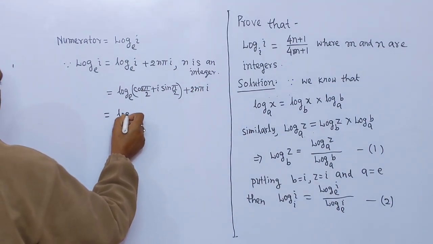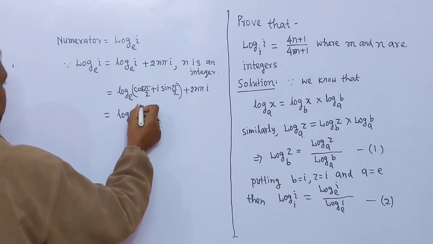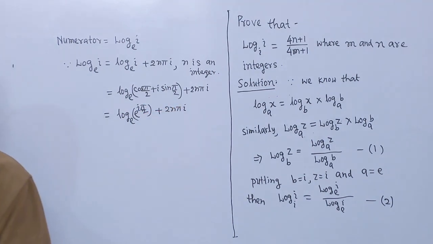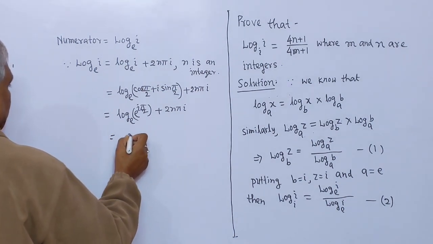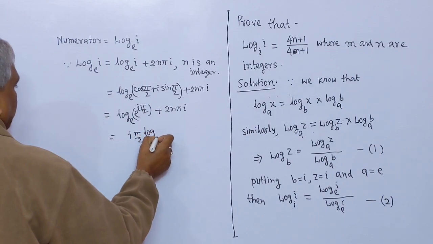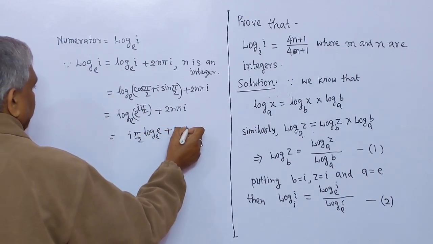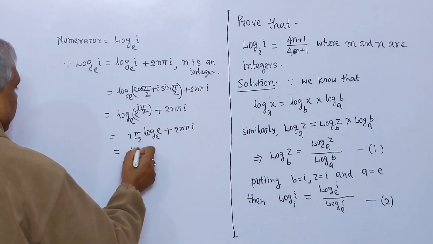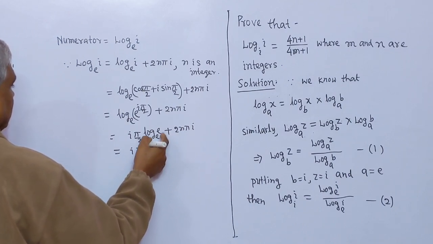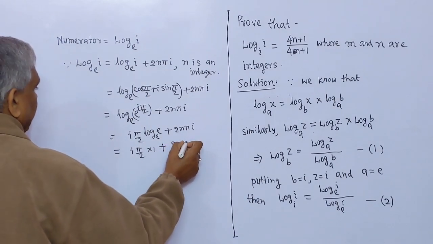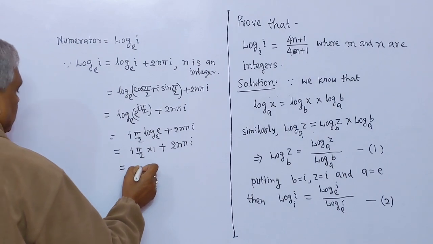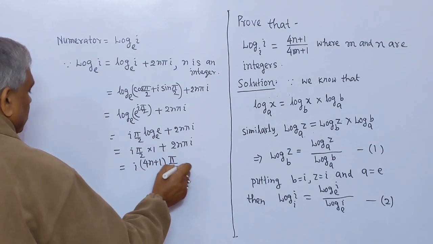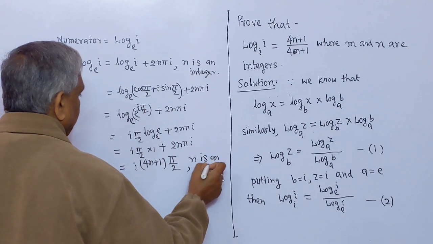This is equal to log e^(iπ/2) + 2nπi, which is iπ/2 log base e + 2nπi, and log base e is 1, so this is equal to i(4n+1)π/2, n is an integer.